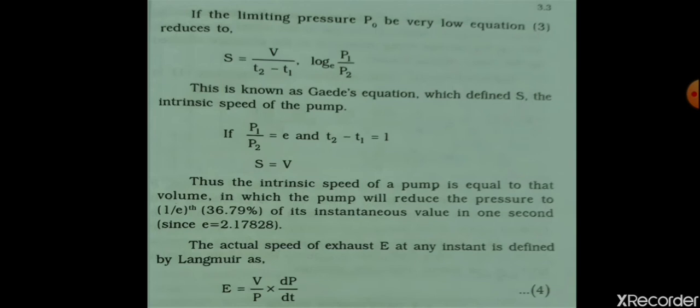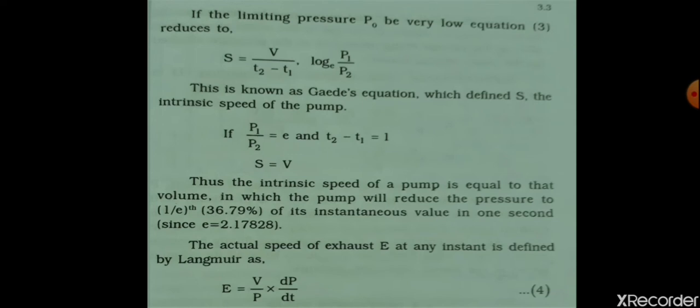If the limiting pressure P naught is very low in equation 3, P naught becomes 0. We can write S is equal to V divided by (T2 minus T1) into log of P1 by P2 to the base e. This equation is known as Gaede's equation, which is defined for S, the intrinsic speed of the pump.